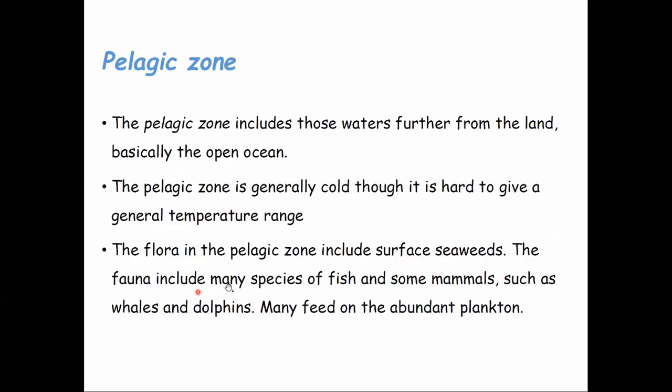The fauna include many species of fish and some mammals such as whales and dolphins, and many feed on abundant plankton, right? So these are the examples of flora and fauna present in the pelagic zone.